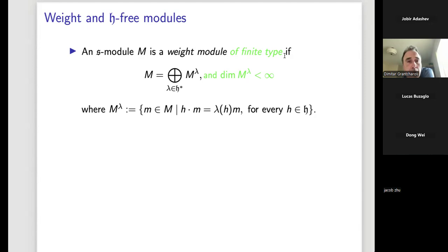But what is important about weight modules is that each element h of the Cartan acts semi-simply, or let's say locally semi-simply, on the module. We can extend this notion to, instead of acting semi-simply, acting with a Jordan cell, which is normally referred to as a generalized weight module.